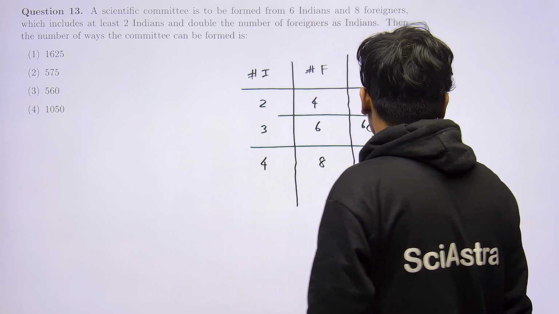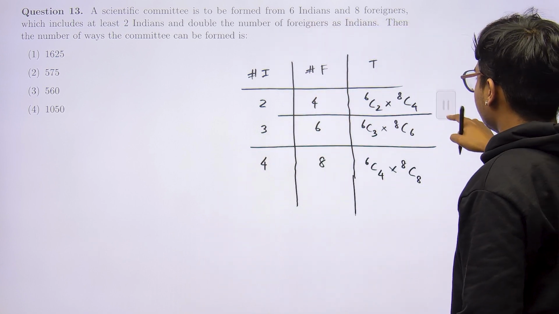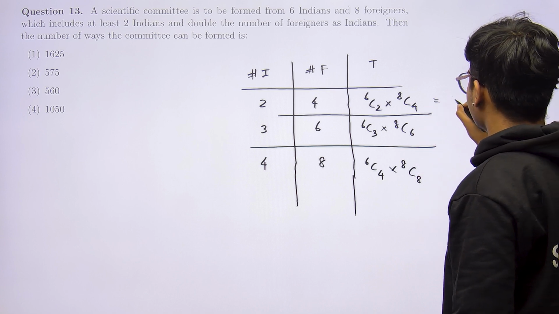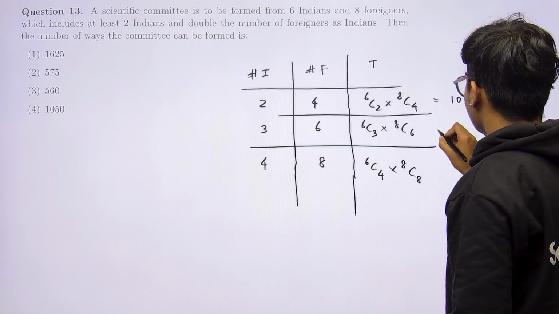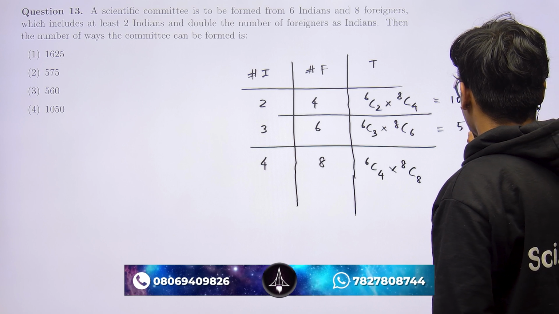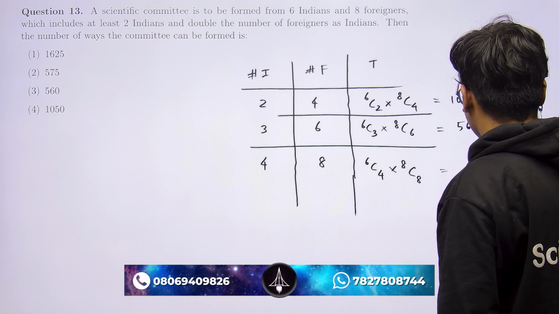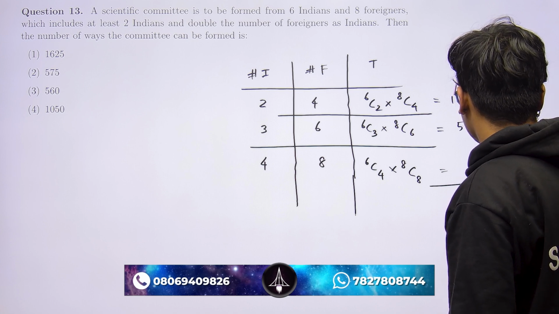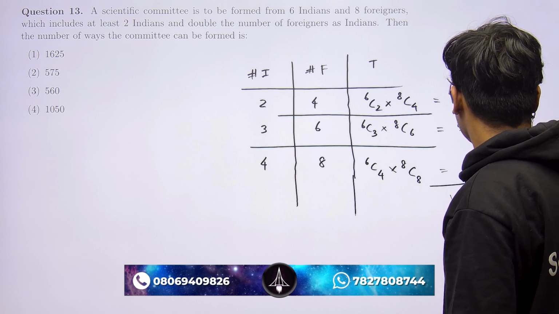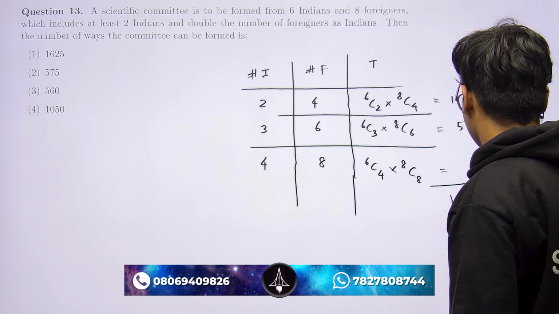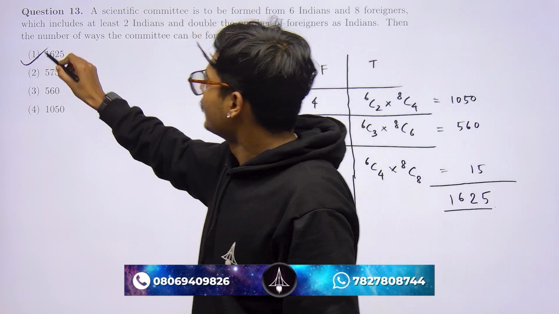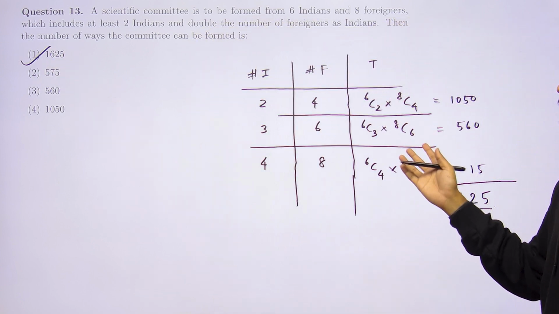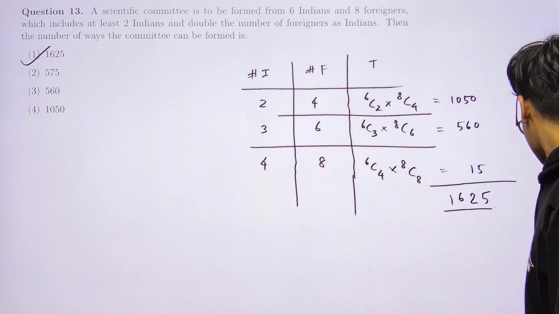So if we compute these values, this should turn out to be 1050, this should turn out to be 560, and this should turn out to be 15. So your total is going to be 1625. Which is option A. So that's your final answer, okay? So very straightforward, a very simple counting problem.